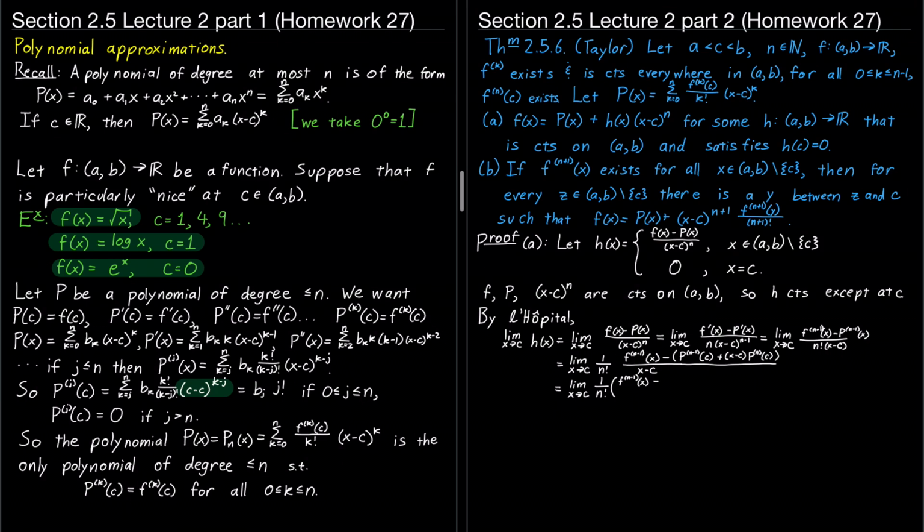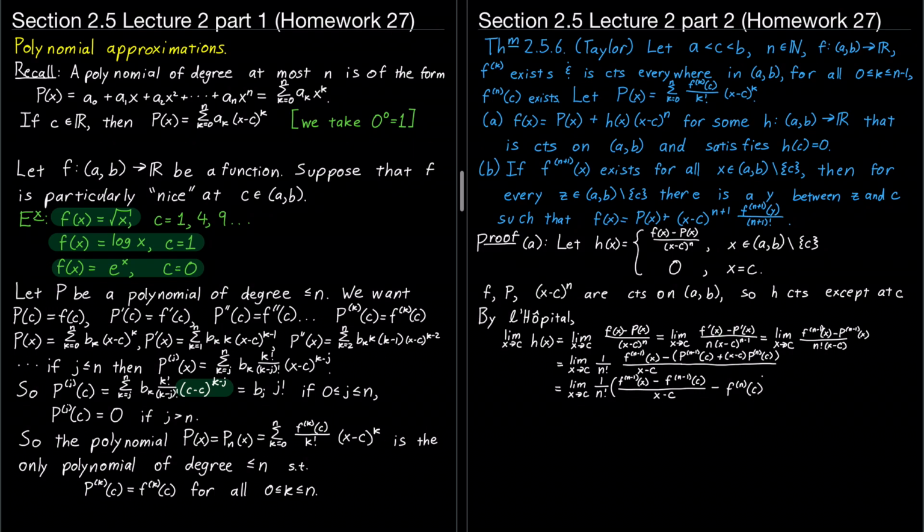It's supposed to have the same derivatives as f everywhere, so we can write, and then we've got the other bit, the nth derivative of p, which is the same as the nth derivative of f at the point c.